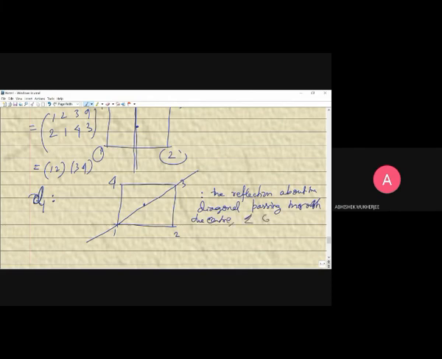Then this D1 is 1, 2, 3, 4. Since this diagonal passes through 1 and 3, they will be fixed.